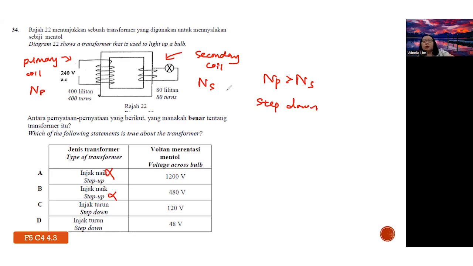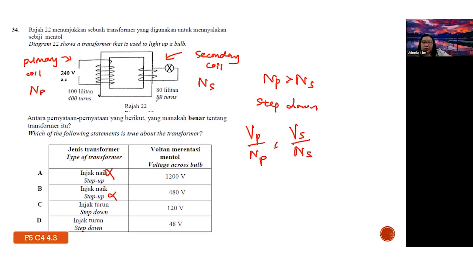Then how do you calculate? We can link it because they're related to voltage, right? So we have this formula under transformer: Vp over Np equals Vs over Ns.